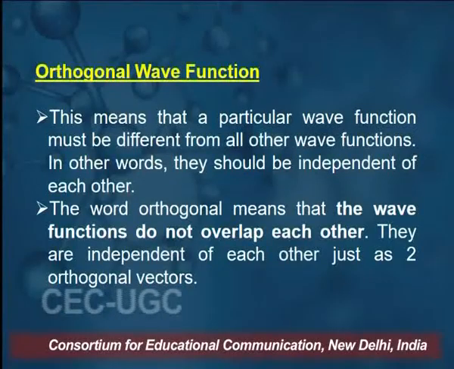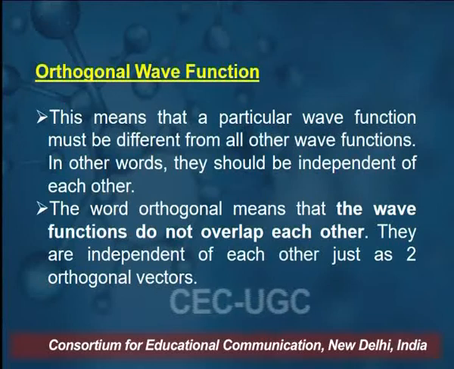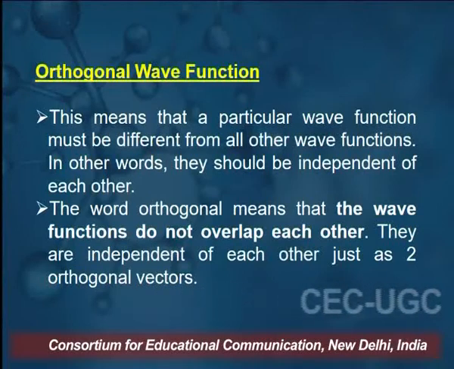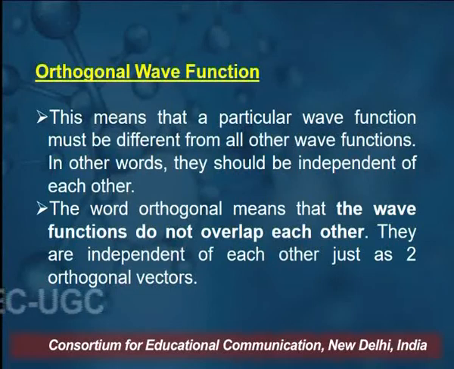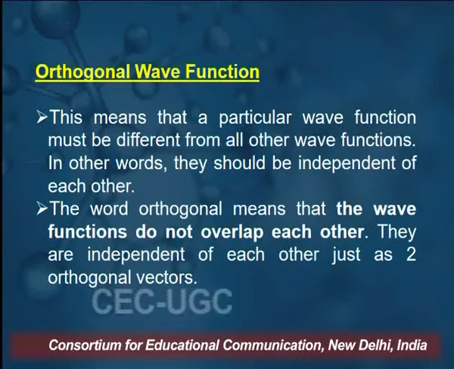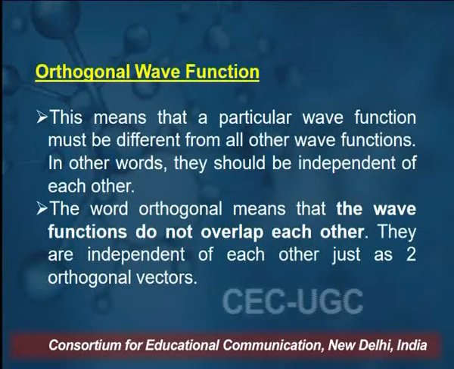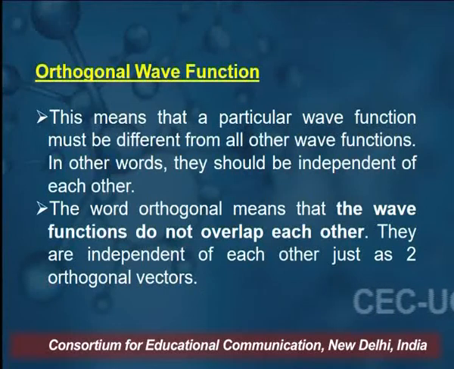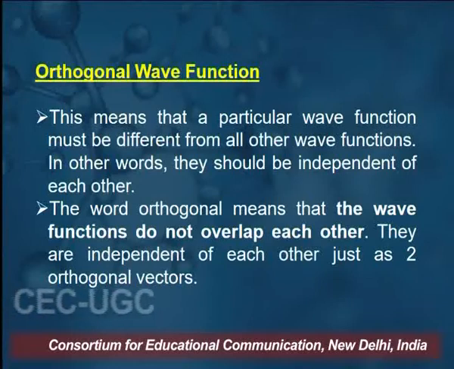Another term is the orthogonal wave function. This means that a particular wave function must be different from all other wave functions. In other words, they should be independent of each other. The word orthogonal means that the wave functions do not overlap each other.